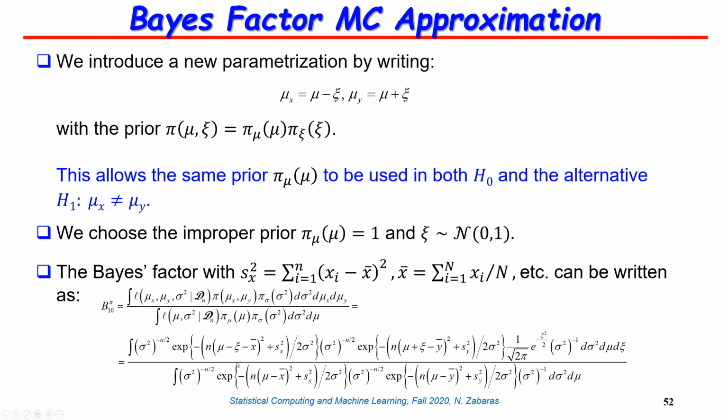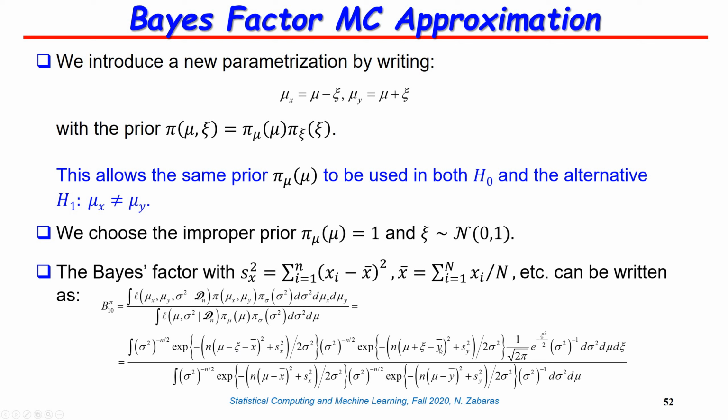And then I'm going to have the same type of calculations on the hypothesis 1, okay? And notice these formulas on the numerator will look slightly different. In hypothesis 0, both Gaussian distributions have the same mean. In hypothesis 1, they have mu minus xi and mu plus xi.